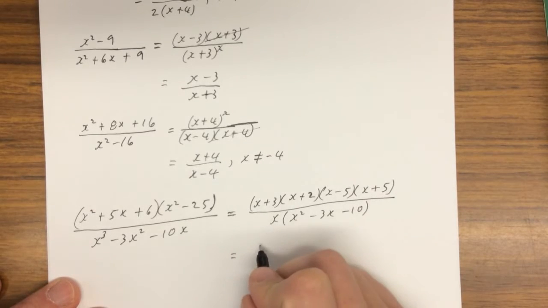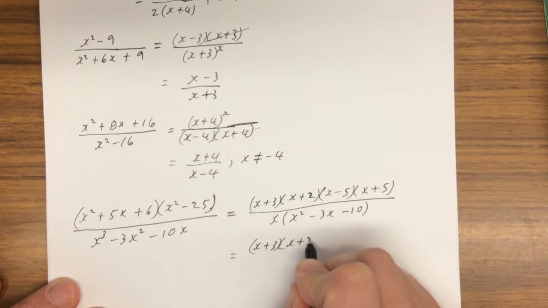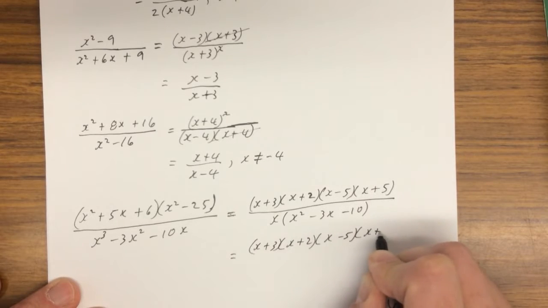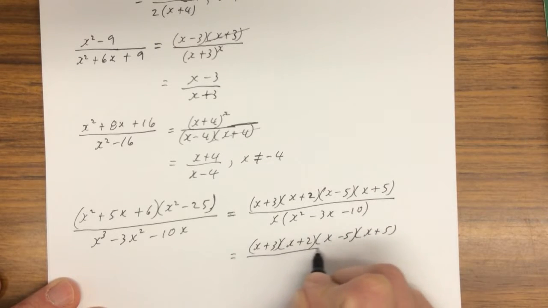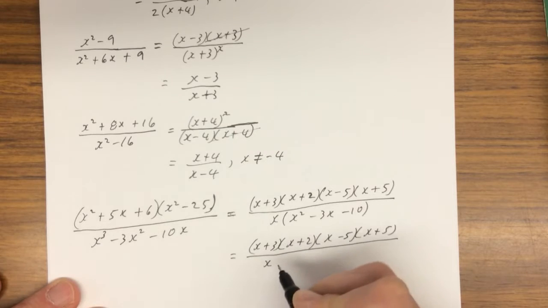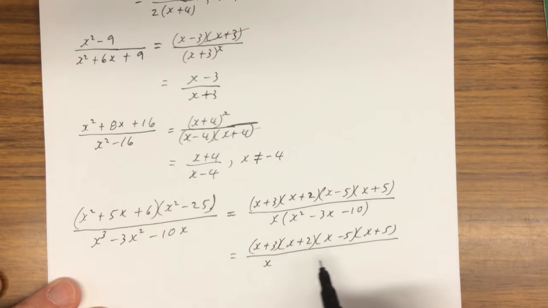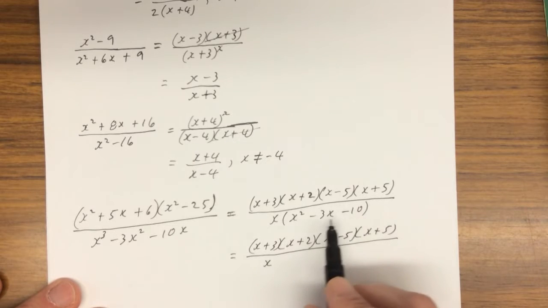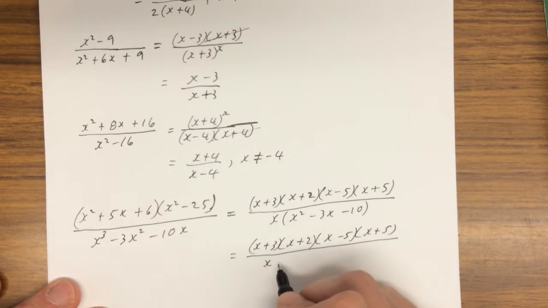So we write this out, x plus 3, x plus 2, x minus 5, x plus 5 on the top, over x, and then the bottom, well, two numbers that multiply to negative 10 and add to negative 3 are going to be 5 and 2, sorry.